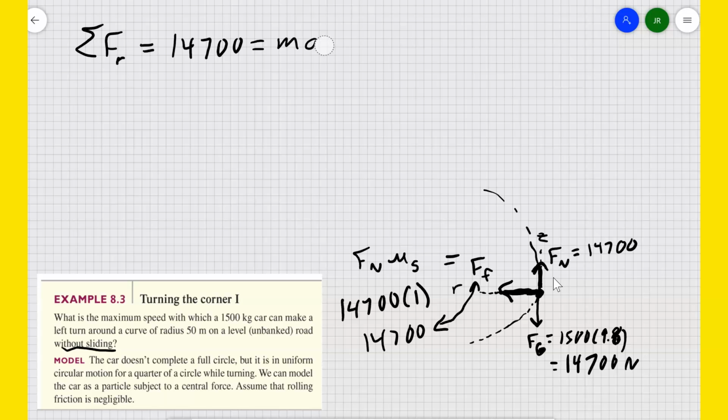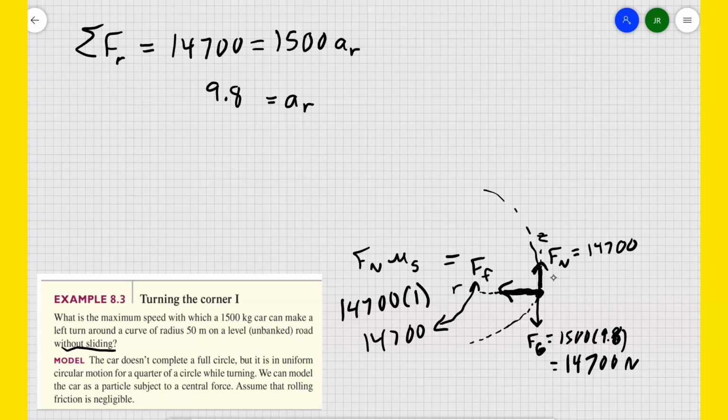What is m? m is 1500. And so I can find my radial acceleration, or centripetal acceleration. Just divide, and it actually is 9.8, interestingly.